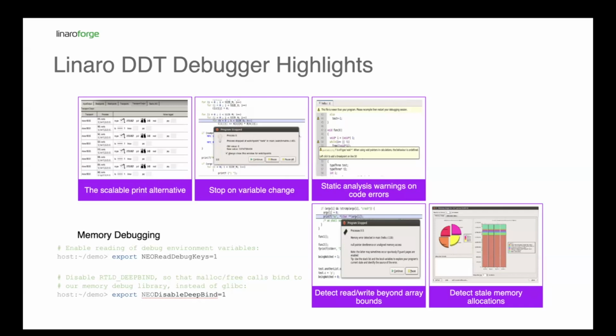But if you want to debug on the CPU side, you need to export NEO_READ_DEBUG_KEY=1 and NEO_DISABLE_DEEP_BIND=1 as well. This is because the Intel oneAPI runtimes conflict with the Forge memory debugging library at the moment, so these need to be disabled so that you can get memory debugging on the CPU.